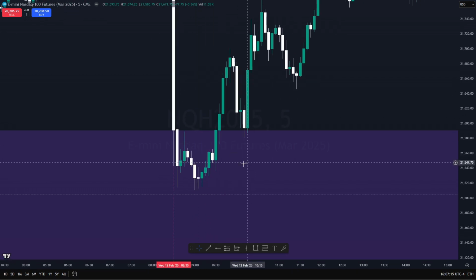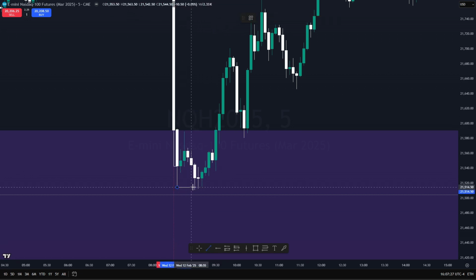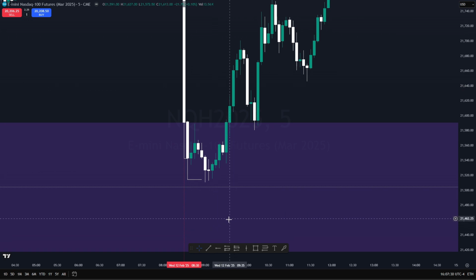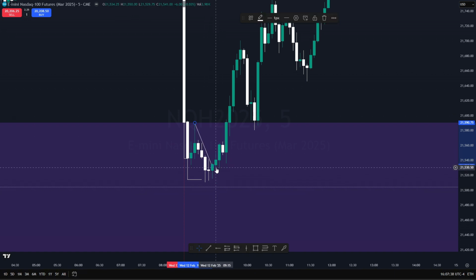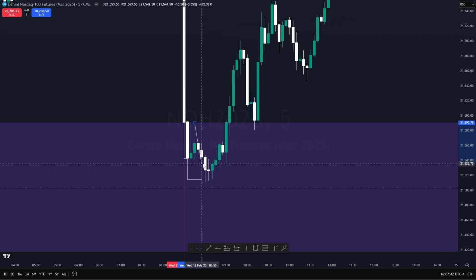Let's look. So we seem to be getting a low, high, low, low, high, high. We sweep liquidity there, build up liquidity there. Do we have some kind of bullish trend line that we sweep here? It seems that this one there. I gotta look at it on the 1 minute to see more.